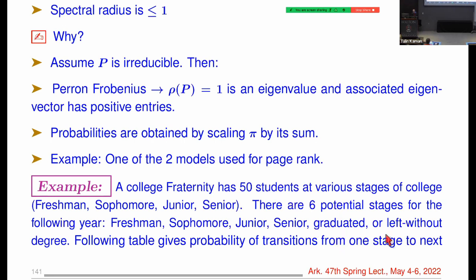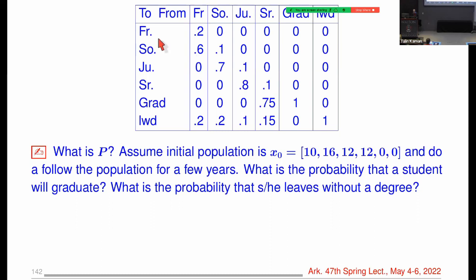So 6 possible outcomes. This table gives you the probabilities of going from one stage to the next: freshman to sophomore, junior to freshman, etc. These are all the probabilities that you have.